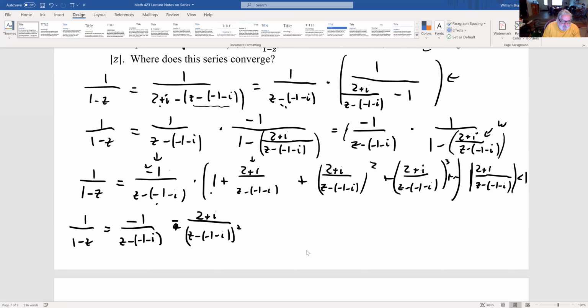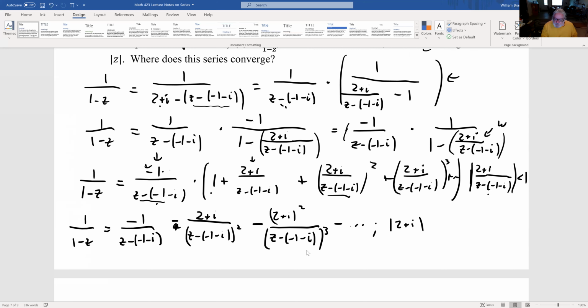I have to keep track of that minus sign. Minus 1 times the top is a 2 plus i squared. And then the thing here times this squared, z minus 1 minus i quantity cubed minus dot, dot, dot, right? And then dealing with this, we want modulus of 2 plus i to be less than the distance between z and the center. We know from above that that's square root of 5.